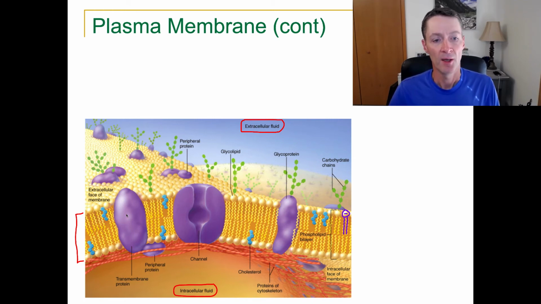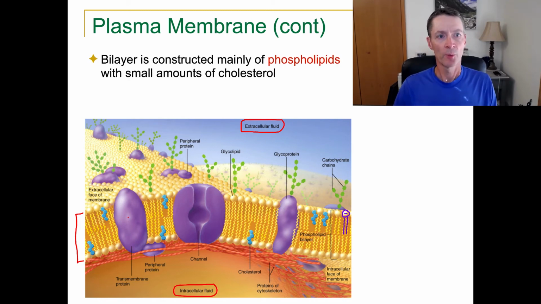Now, you also see scattered throughout this sea these various purple items, and these are proteins. Okay? We have a bilayer constructed of phospholipids, the most abundant molecule by far. There's a little bit of cholesterol in there. Cholesterol helps the phospholipids to move, so it is really a moving kind of medium.